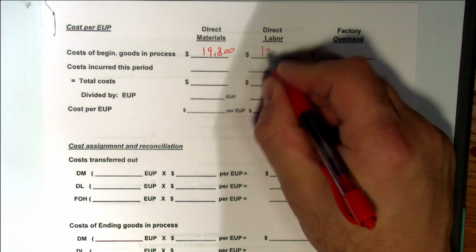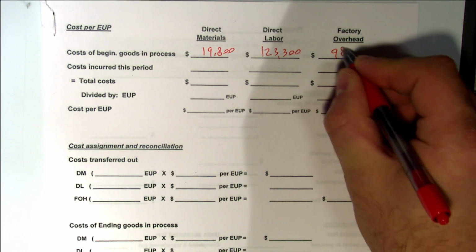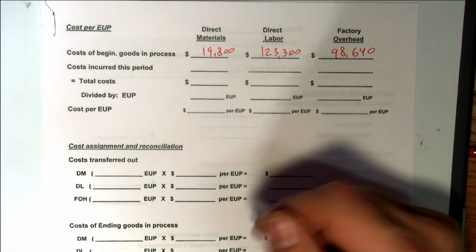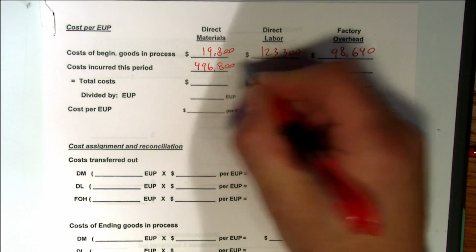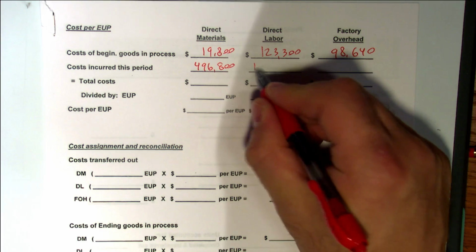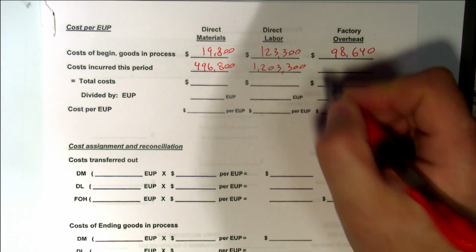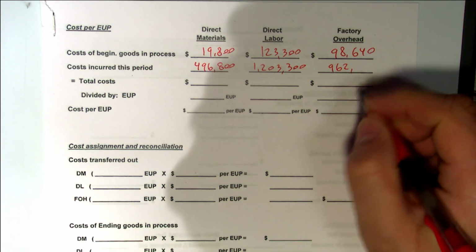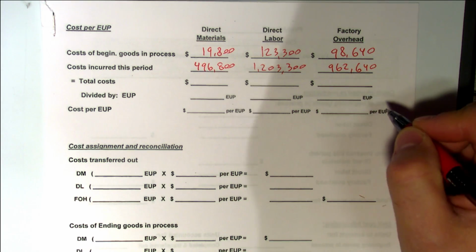This is 123,300. This is 98,640. The costs incurred this period for each product cost are 496,800, 1,203,300, and 962,640. Is that correct? Yep.